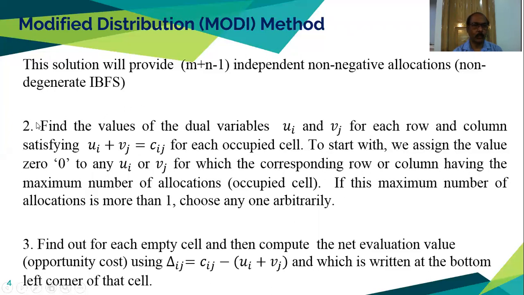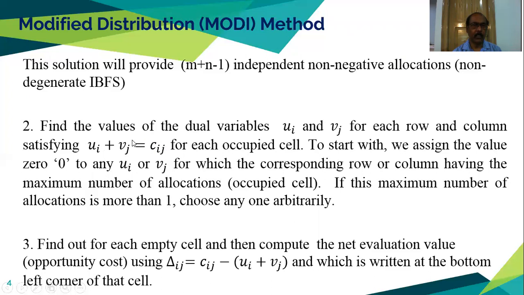Step 2: Find the values of the dual variables ui and vj, also known as the shadow variables, for each row and column satisfying ui plus vj is equal to cij. That cij is for the occupied cell. This cij is related to the allocated cell.